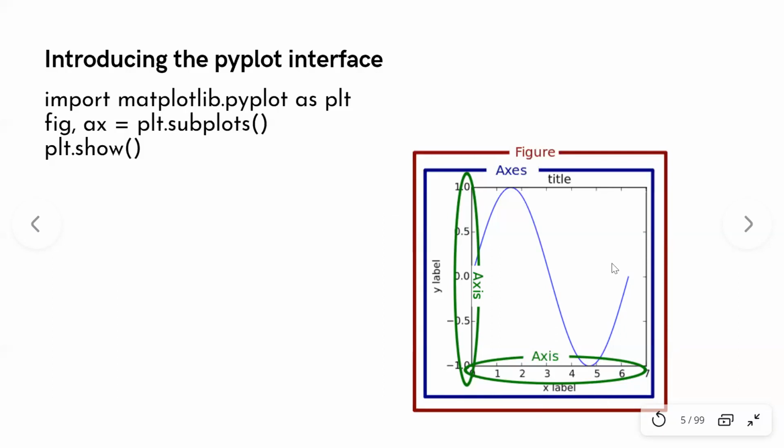And then you put the title here, and the y label and the x label. Ideally we can say there are four axes, but these two are not used, so we use only the vertical and the horizontal one. So vertical is y, and the horizontal is x.